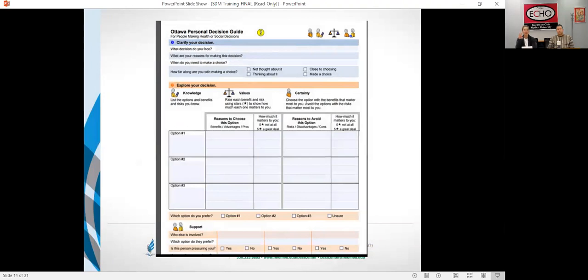This is just another example of a resource, but as you can see in that middle table, they can put option 1, so not using any medication for asthma. Reasons to choose that: they wouldn't be exposed to other medications. And then how much that matters to the patient and their family. Reasons to avoid it: maybe the child has already had a handful of asthma exacerbations and their activity is incredibly limited.